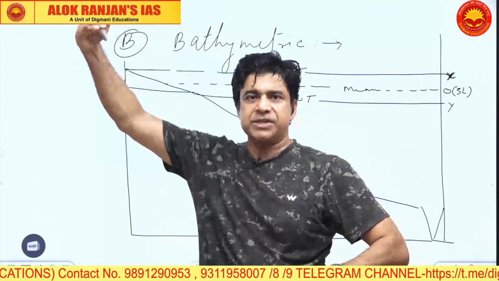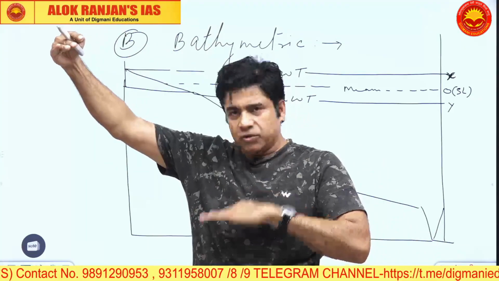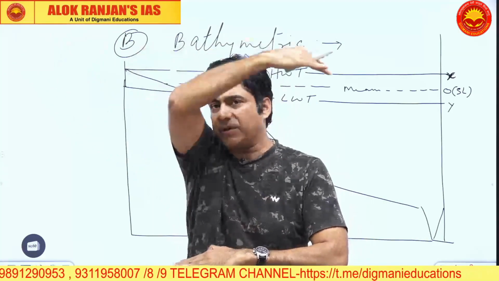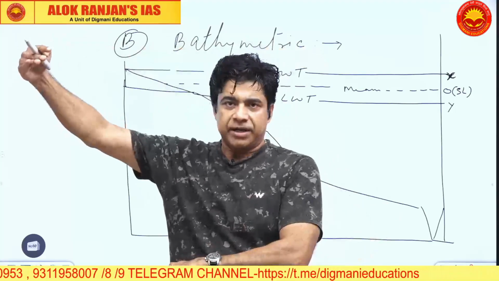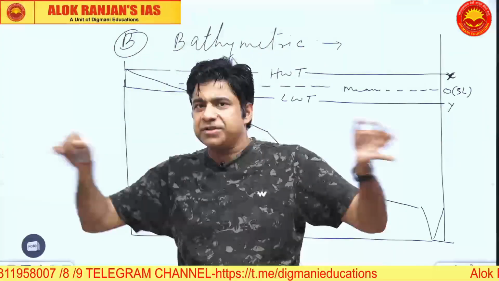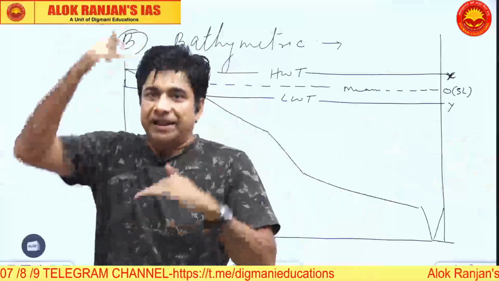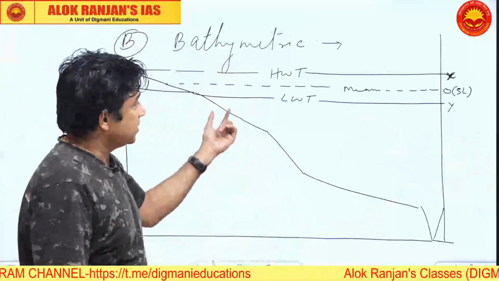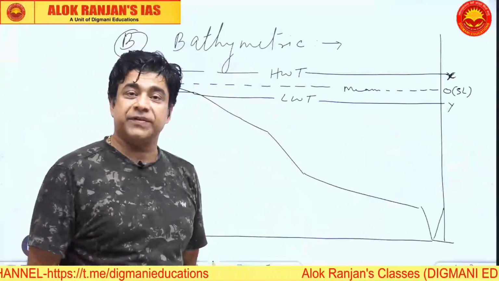So that highest point and the lowest possible point of the tide will be called high water tide and low water tide, and the mean, which is the central line between the two, the highest point and the lowest point, will be called the sea level. This is how we measure the sea level.